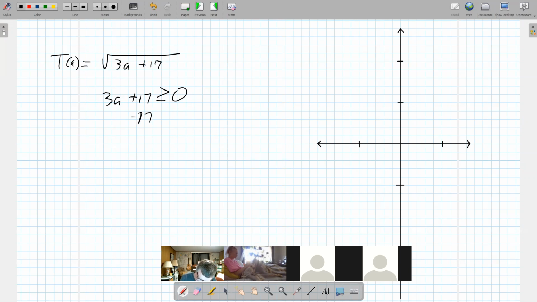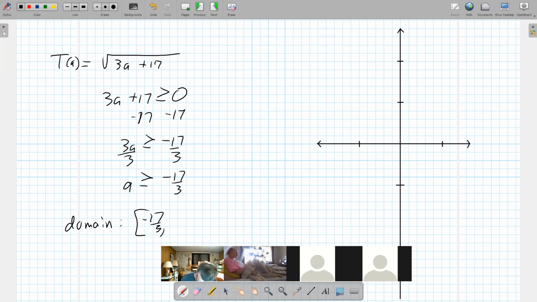Subtract 17 from both sides. 3a greater than or equal to negative 17. Divide by 3. A greater than or equal to negative 17 thirds. So your domain is negative 17 thirds to infinity. And there you have it. Any questions about that?